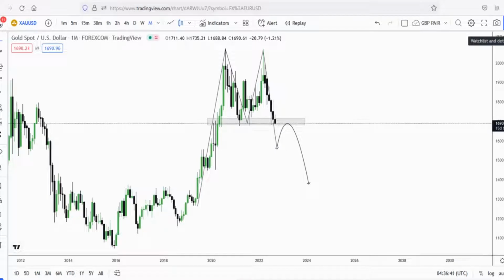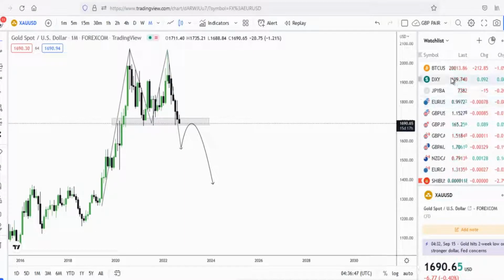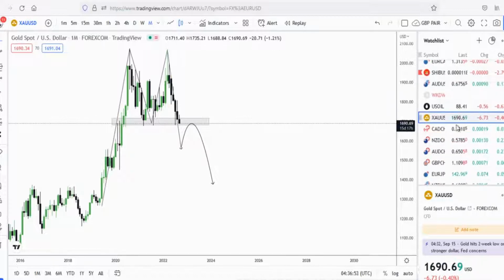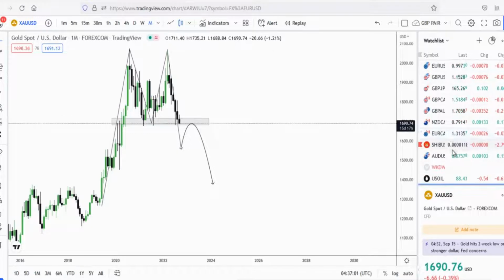So of course, let's pick a chart. Let's go to the AUD USD and see how we can pull out these forms here.